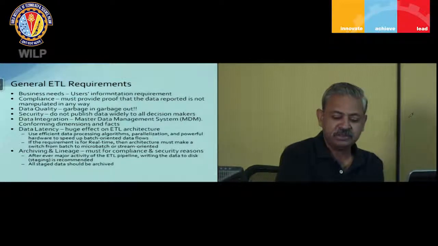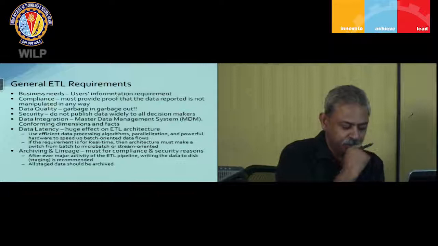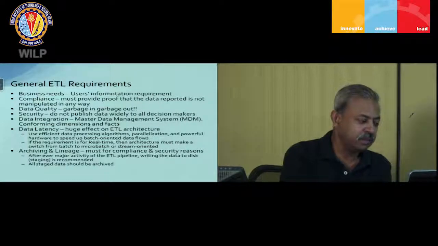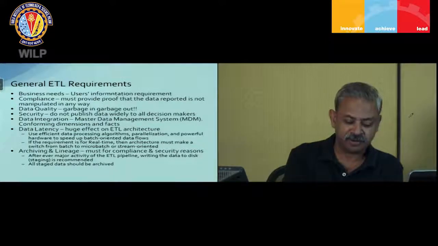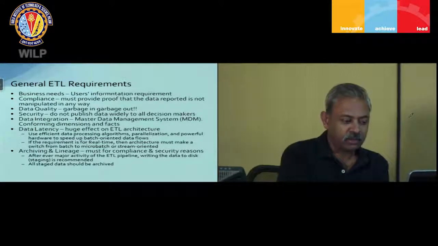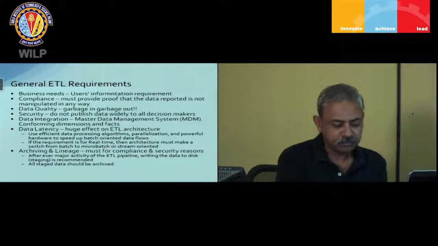So conforming dimensions basically means that a particular dimension may apply to multiple facts, right, that are there, fact tables that are there. So without making multiple copies of the dimension tables, we need to be able to link them to different facts.